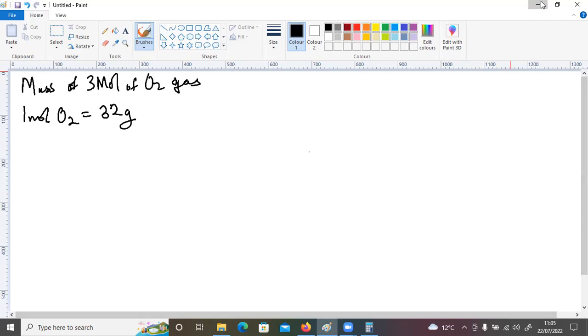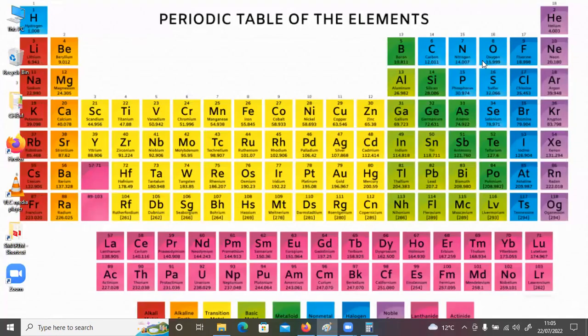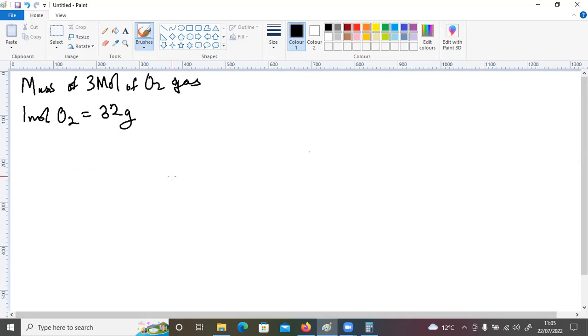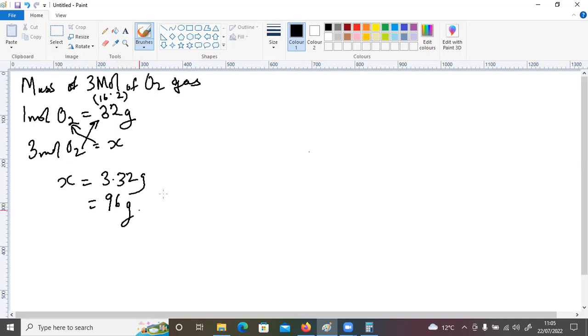Because I know that oxygen has an RAM of 16, but one oxygen molecule has 2 atoms of oxygen, so it is 16 times 2. This 32 is from 16 times 2. So what about 3 moles of oxygen gas? How heavy is it? I do the cross multiplication again, and I get x is equal to 3 multiplied by that 32 grams, which will give me 96 grams, right? Pretty easy with that one.